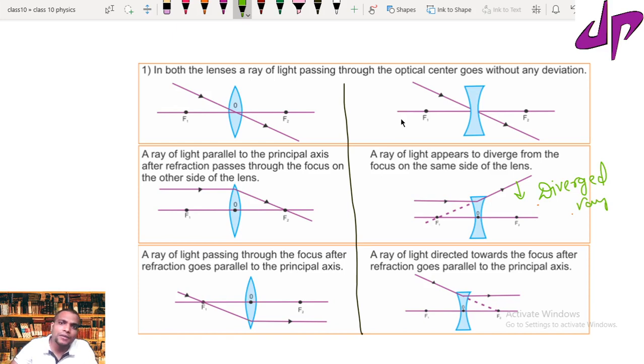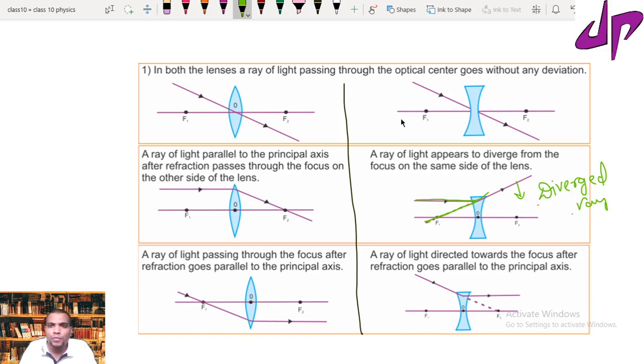Now this diverged ray appears to come from the focus, but it is not coming straight like that. This ray is refracting here. So a ray of light appears to diverge from the focus on the same side of the lens.